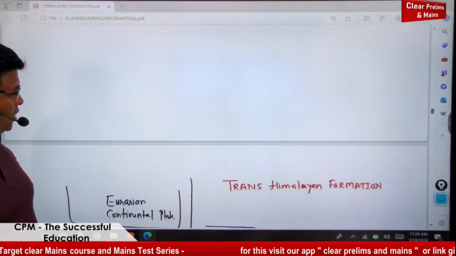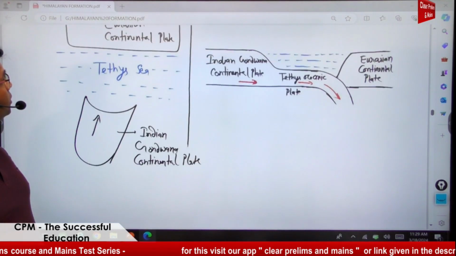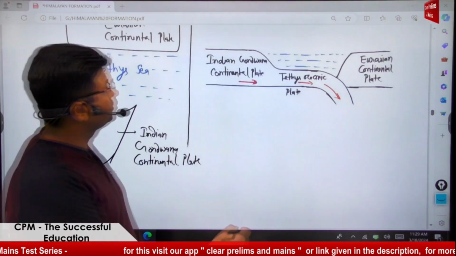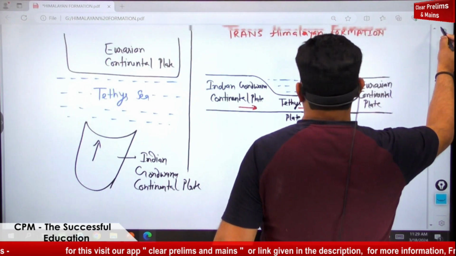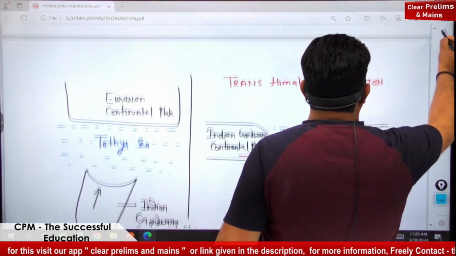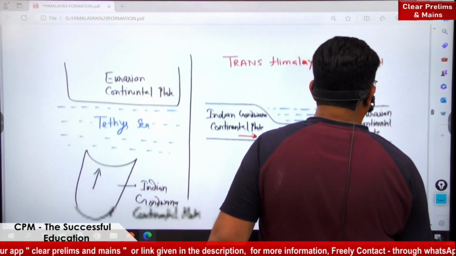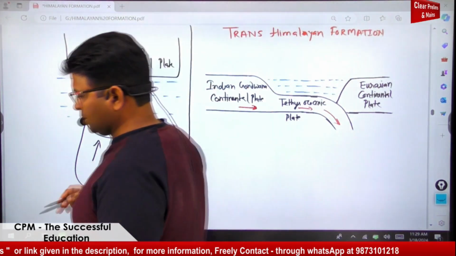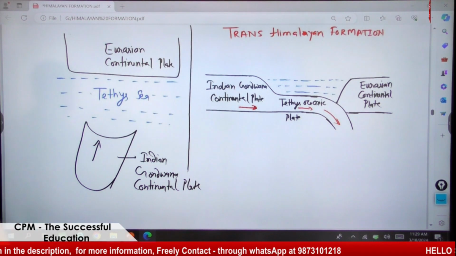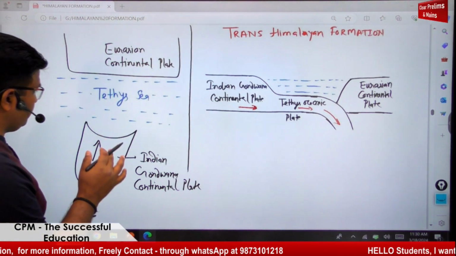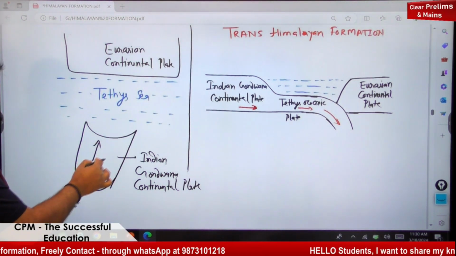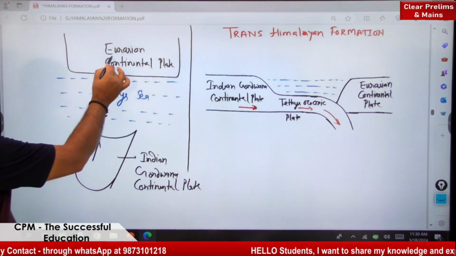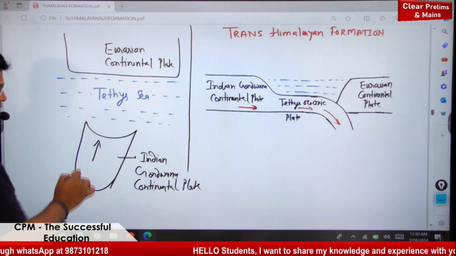So here, let us see what is going to happen. First, we are going to see the formation of Karakoram, Ladakh and Jaskar. You know that our Indian Gondwana is a continental plate, and here it is the Eurasian continental plate.